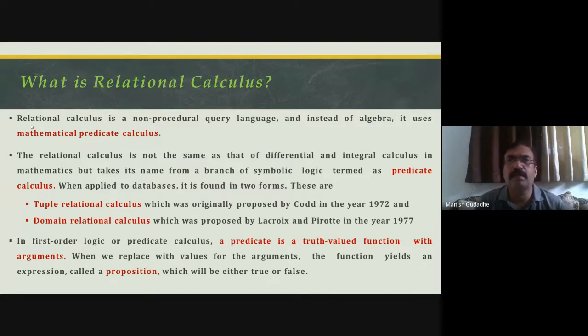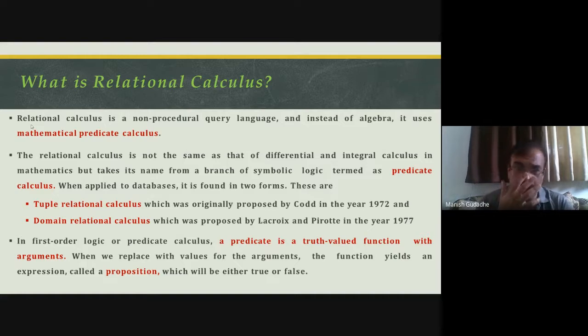But again, it is a mathematical predicate calculus. That means here we are just predicating out of a bigger set which elements are satisfying the conditions or not, or if we are applying these conditions, what will be the predicate or what will be the output of that particular condition.